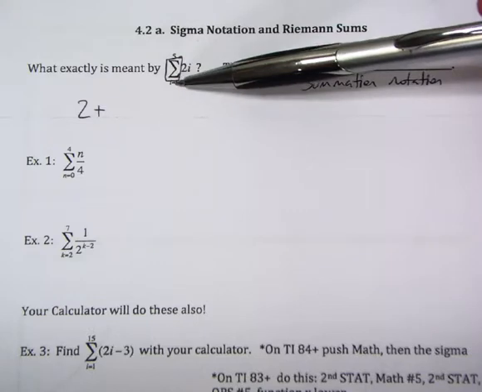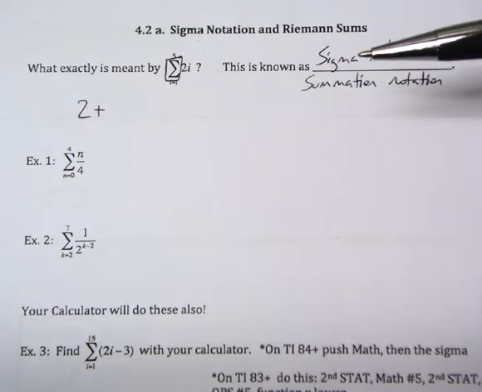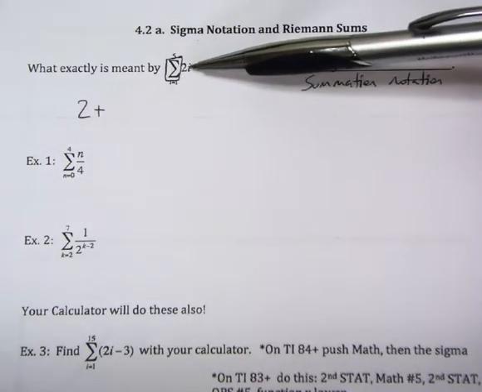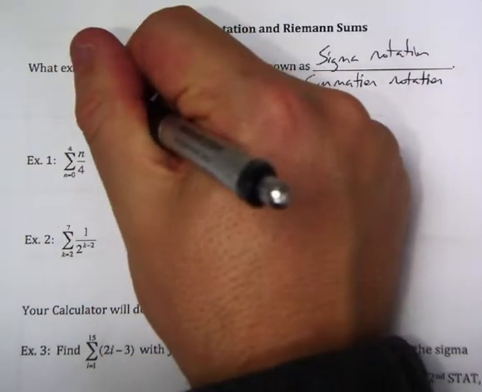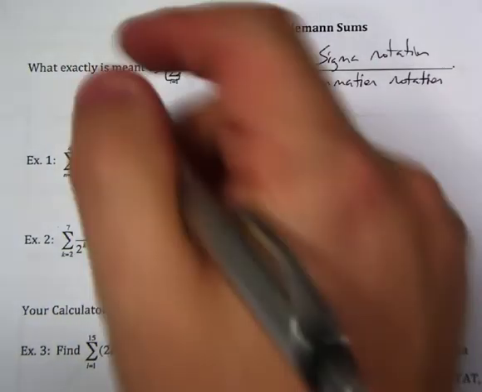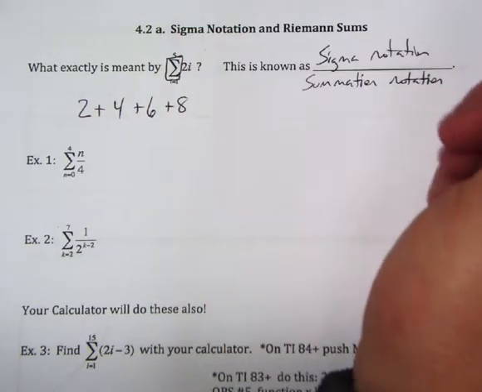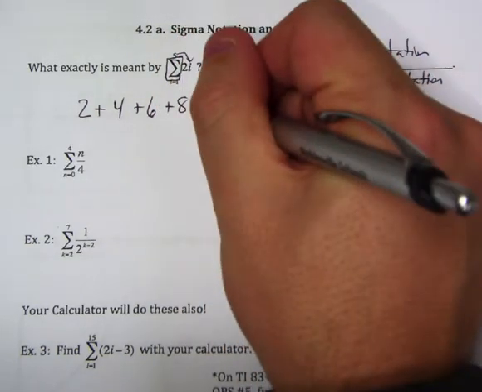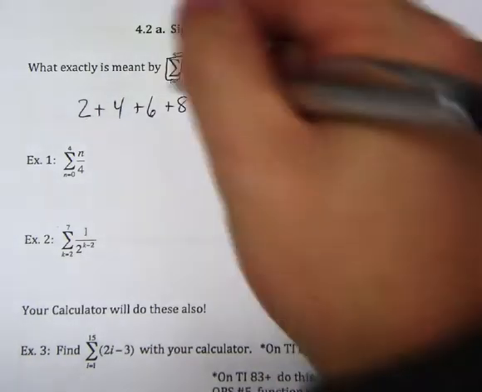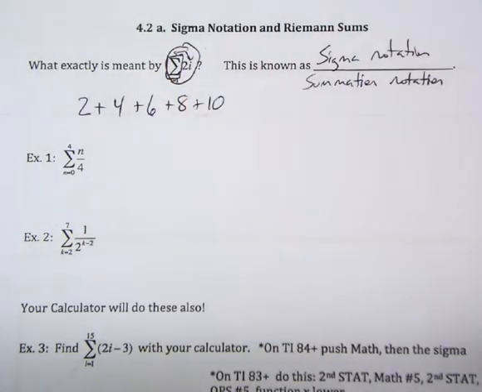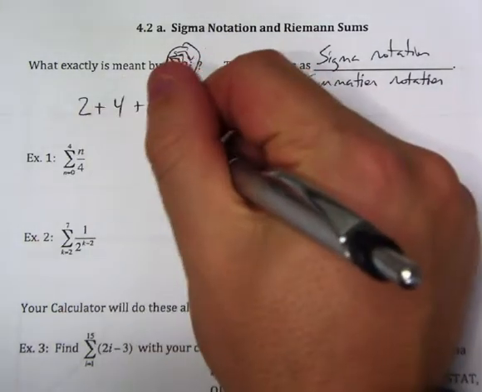So the 1 all the way up to the 5 is kind of like a counting mechanism. So now I'm going to plug 2 in for I, and I get 4. And then I plug 3 in for I. And then I plug 4 in for I, all the way until I get to 5 and plug 5 in for I. So this expression here is really just telling us to add the numbers 2, 4, 6, 8, and 10 together and get a value in the end. So if I add these up, I get 30.